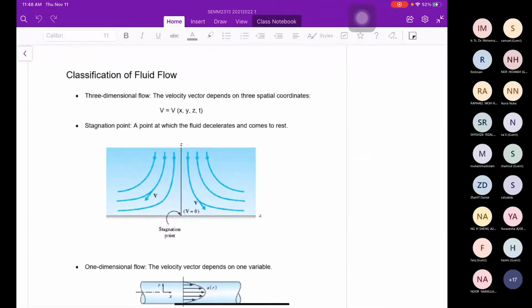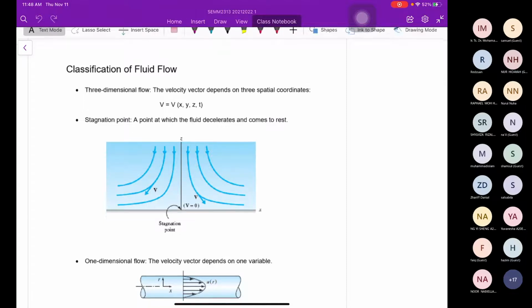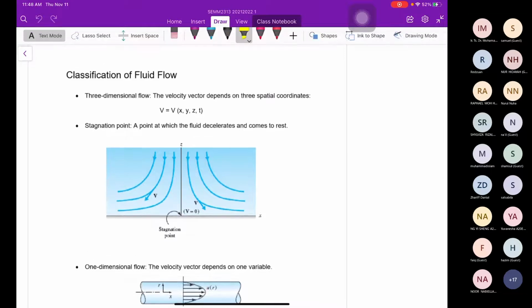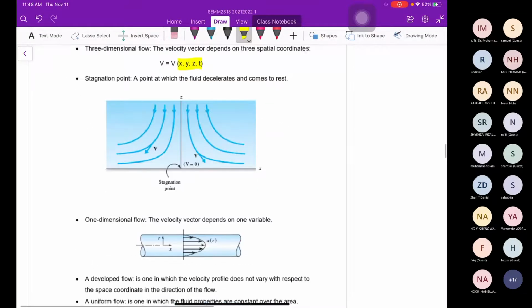So now let's proceed on the classification of fluid flow. So how to classify the fluid flow? In 3D flow, the velocity vector depends on three spatial coordinates, which are x, y, and z.